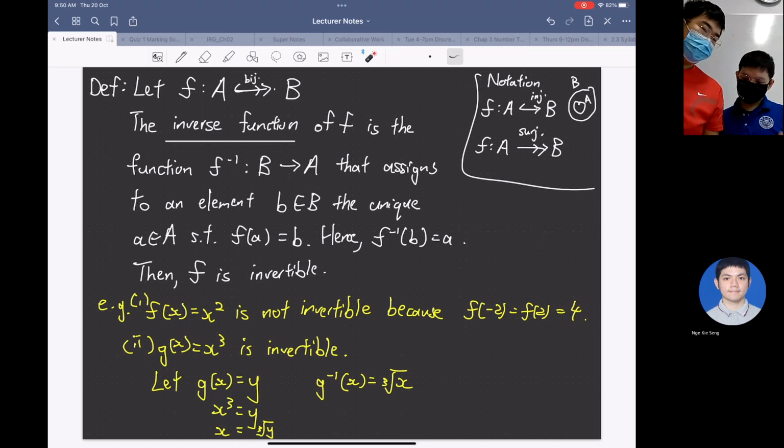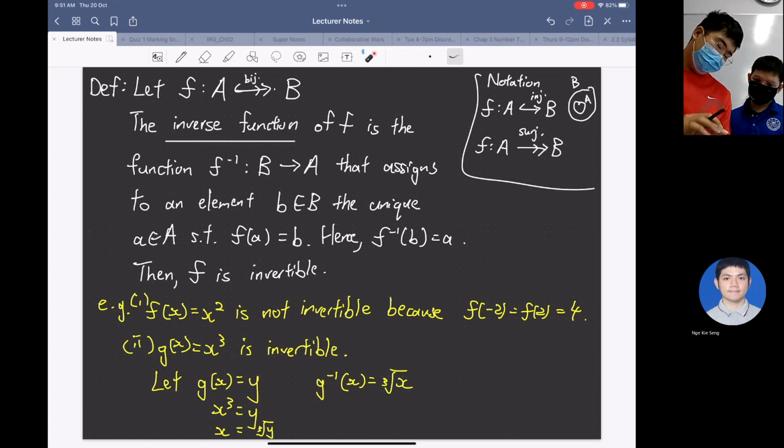So I just need to prove that when x is bigger than 0, it's strictly increasing. I have two ways. One way is the derivative. When x is bigger than 0, the derivative is always bigger than 0, so it's strictly increasing.